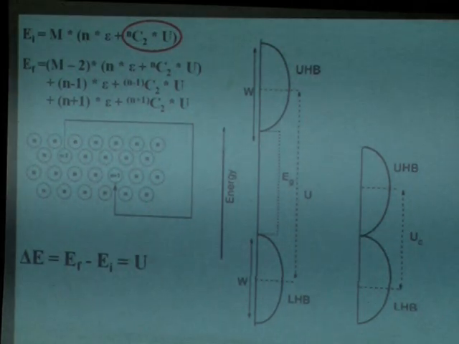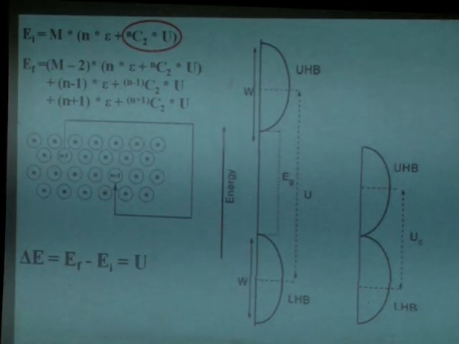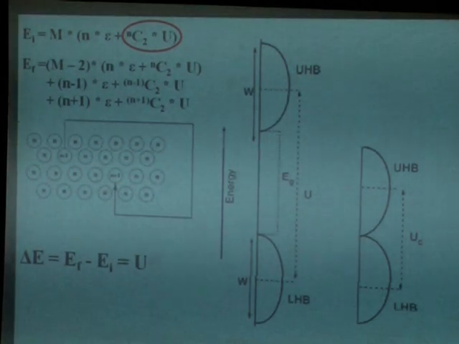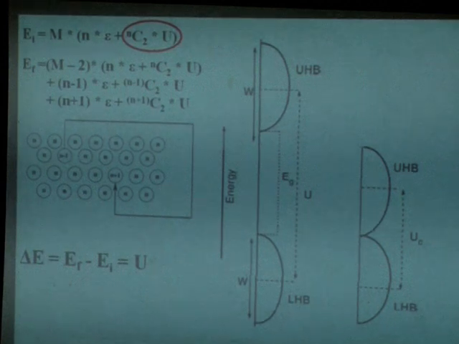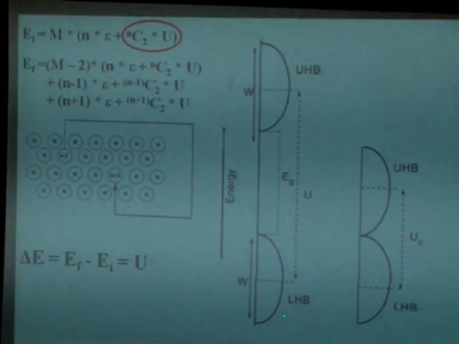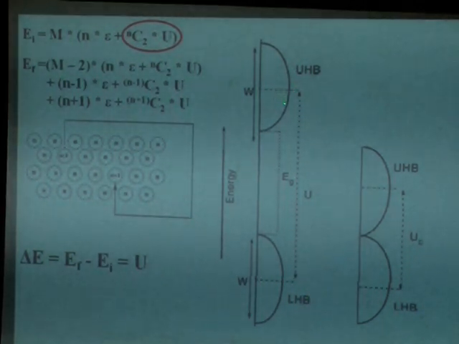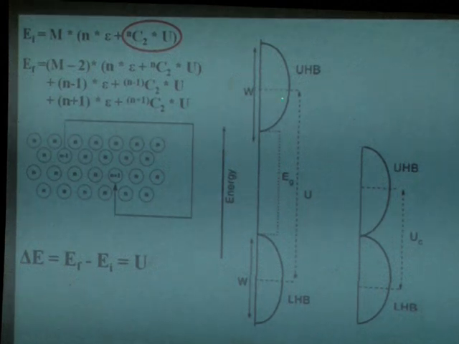Because I cannot hop to the other side, because the Coulomb interaction energy is larger than the energy I gain because of hopping. The energy that I gain by hopping is W, the bandwidth. And the energy that I lose is U. So the hopping costs me so much more energy.